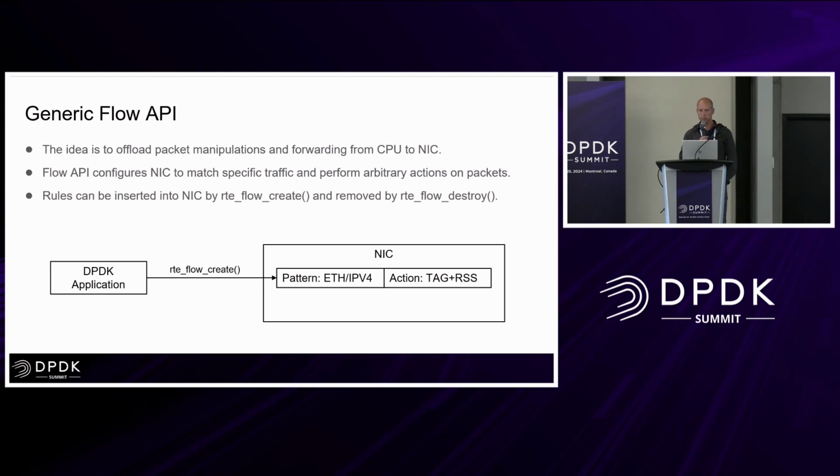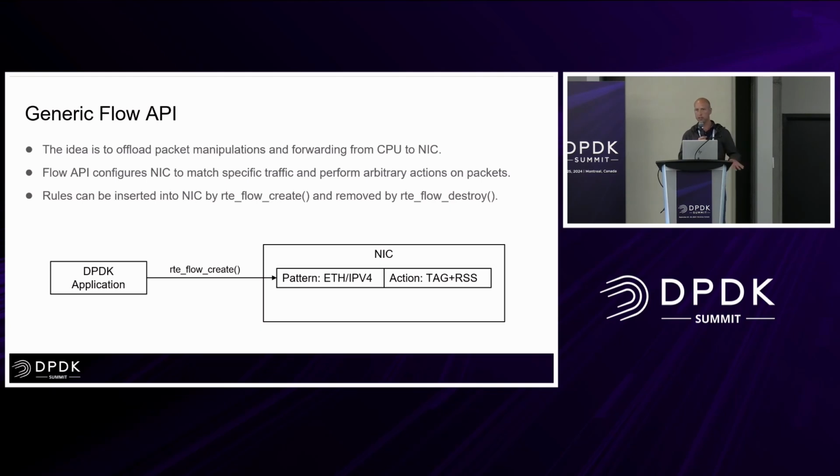The Flow API is generally very simple. You have two API calls: flow create, when you offload the rules to the hardware, and flow destroy to remove the flow from the hardware. The general structure of the flow rule is the following.